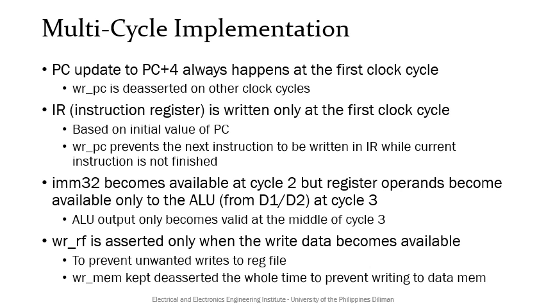This prevents unwanted writes at earlier clock cycles where the write reg and write data signals are not yet both valid. Thus, the control unit needs to delay the asserting of some control signals. Write mem is also deasserted over the whole operation to prevent writing to the data mem, since we are considering only R-type instructions and add I so far.